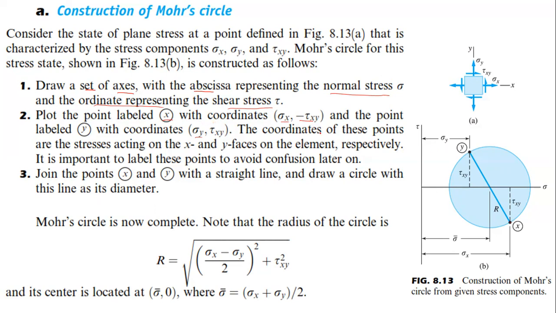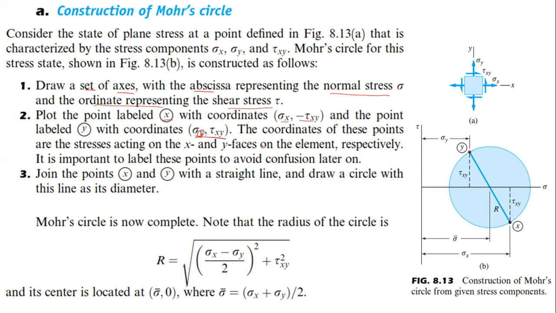Point y is above, so its notation is positive: sigma y, tau xy. Don't confuse this subscript. Sigma y means stress along the y-axis.